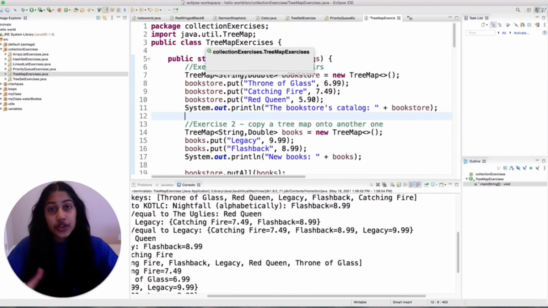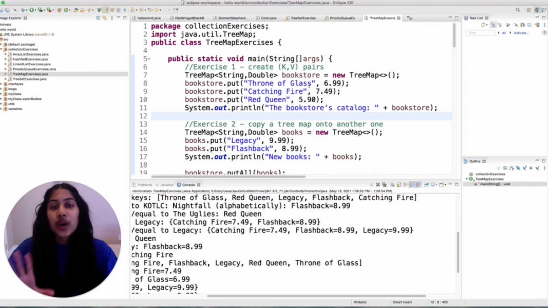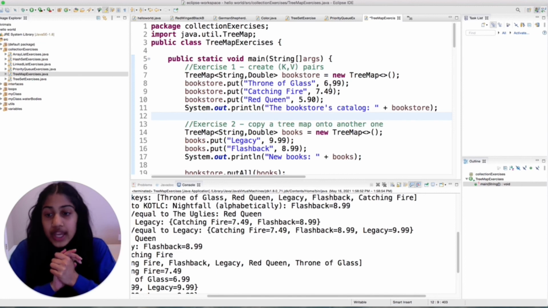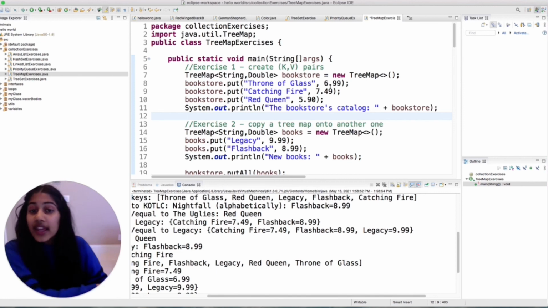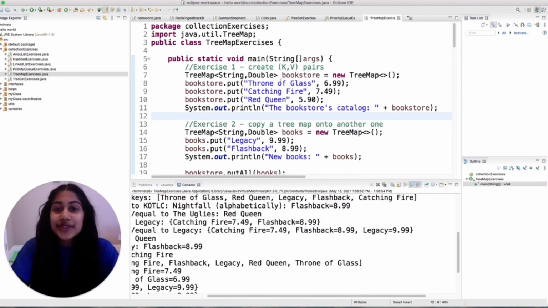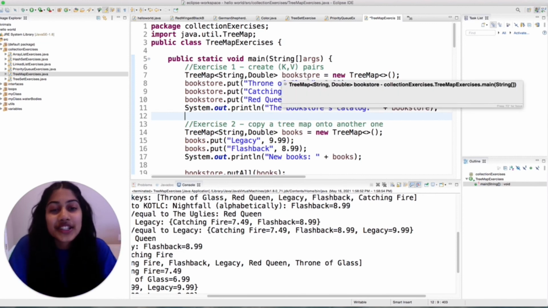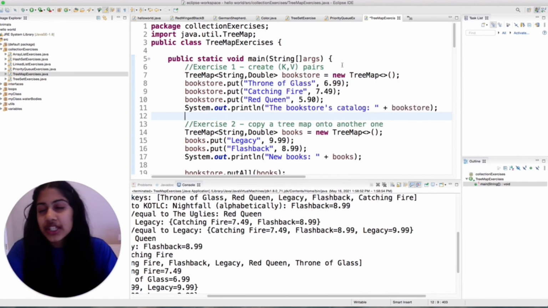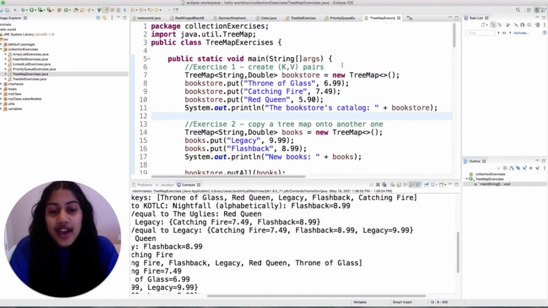So that's very useful. And the map, if you have a certain way you want to identify your values that isn't an address or index, like an array, then you can use a tree map. And yeah, there are lots of collections for all of the different situations that you might find yourself in. And yeah, this is one of them.